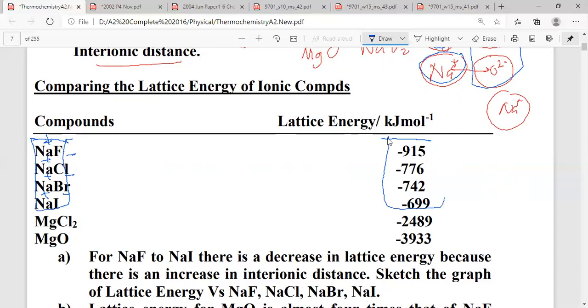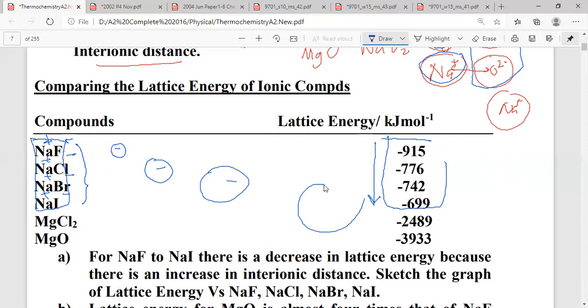As you go down group 7, the LE or lattice energy decreases, becomes less negative. That means the attraction between them is less. Why? You always ask why. Well, because the F is the smallest, and then chlorine, bigger, then bromine, bigger still. Iodine, big and lumpy here.